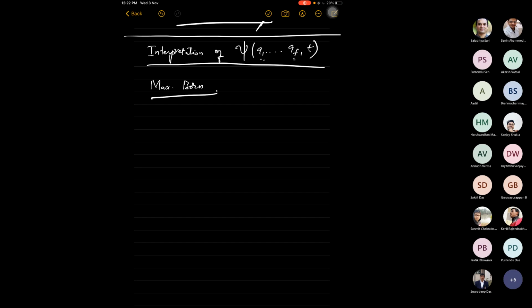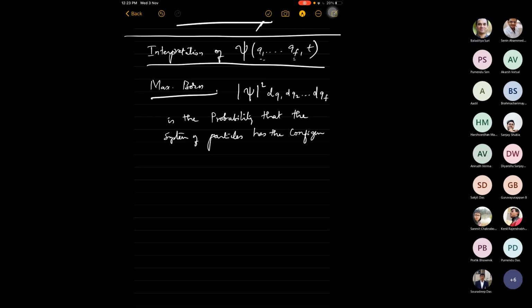interpretation became quite straightforward: mod psi squared times the volume element in the configuration space is the probability that the system of particles has the configuration in the range q1 to qf, to q1 plus dq1, q2 plus dq2, qf plus dqf.